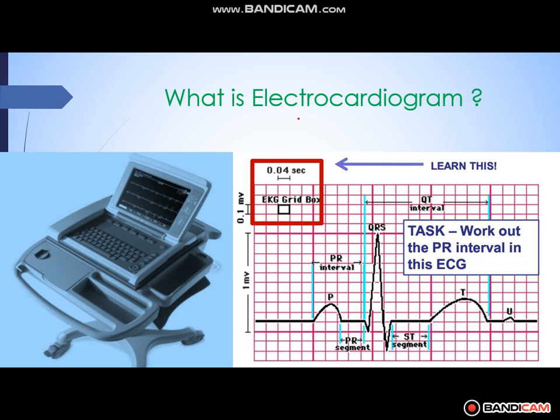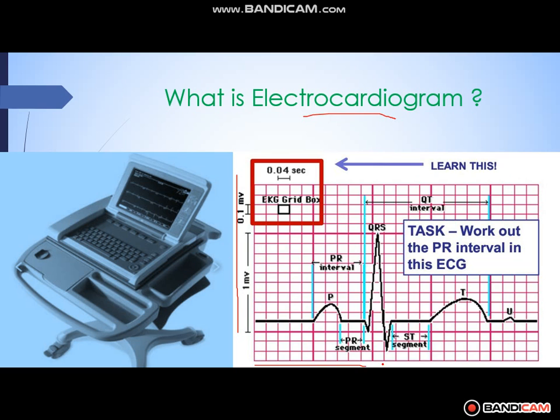And then another very important thing, electrocardiogram. What is electrocardiogram? Electrocardiogram is a special type of paper used for ECG recording. So you can see in this paper 2 types of line. It is completely lined paper. It has small squares and also large squares.